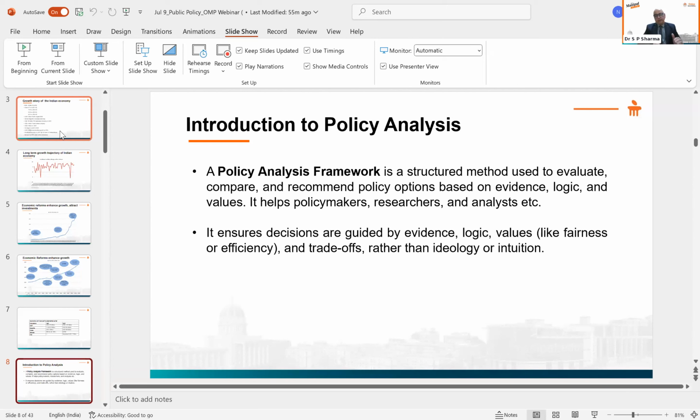Thereafter, we were steady after the reforms of 1991. We were growing at 4% or 5%. Then we started growing at 6% in 2000. After slow to steady, we achieved the trajectory of a fast-moving economy.